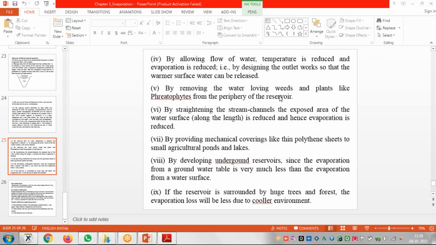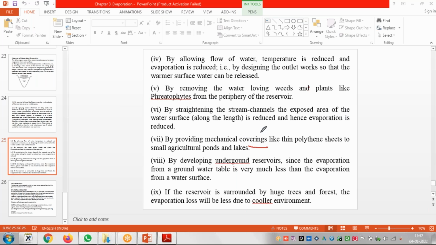By removing the water-loving weeds, some of the weeds over the water, and plants like phreatophytes at the periphery of the reservoir, we should remove these. By straightening the stream channel, the exposed area of the water surface is reduced and hence evaporation is reduced, right?